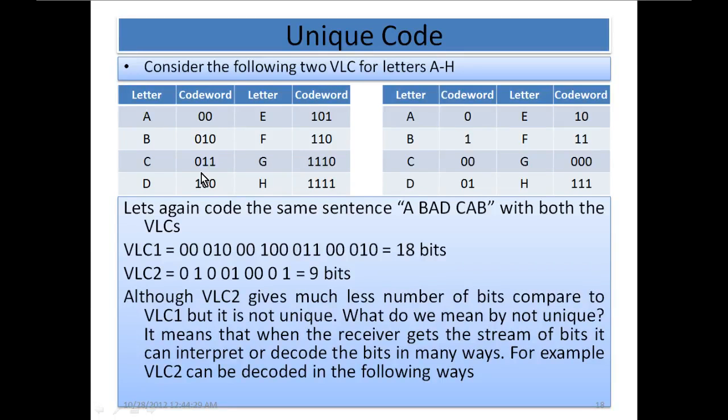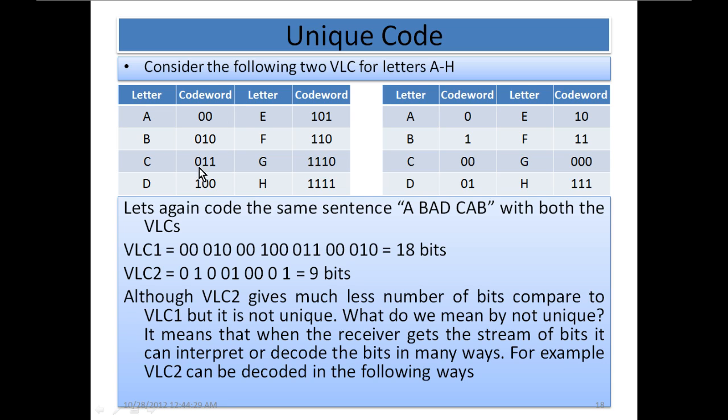So for the decoder it's not possible to make a mistake, whether it is 1 0 or 2 zeros. And similarly there are not 3 zeros as well or 4 zeros. So whenever 2 zeros are received by the decoder, it will know that the only interpretation is A. Now this 0 0 is not occurring in the beginning of any other code word.